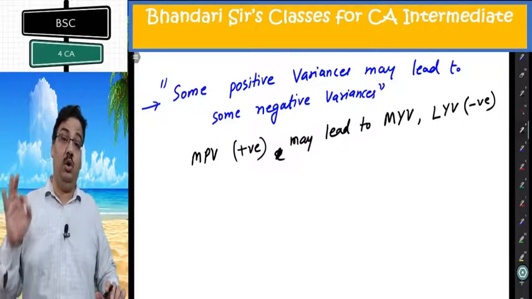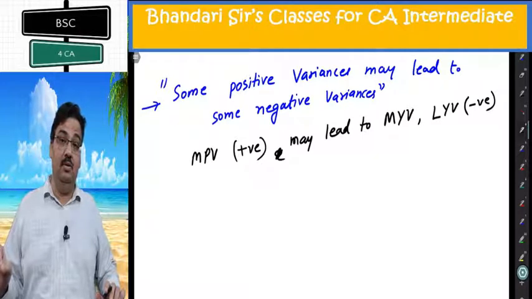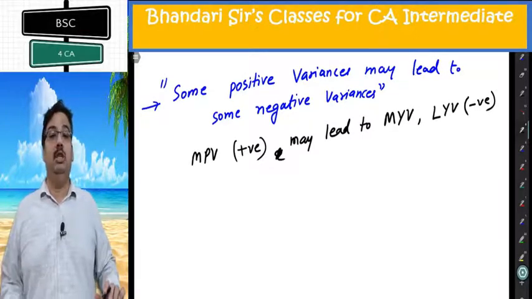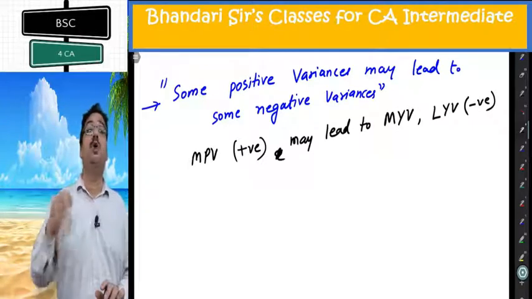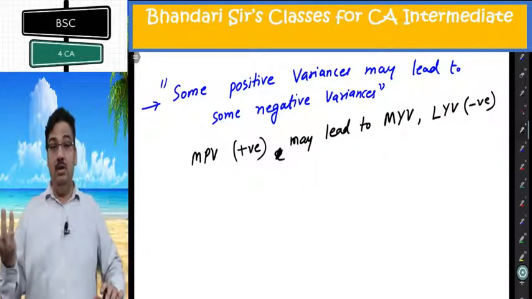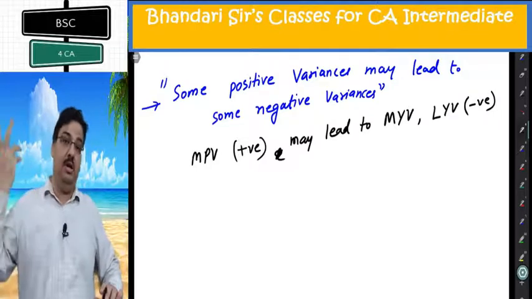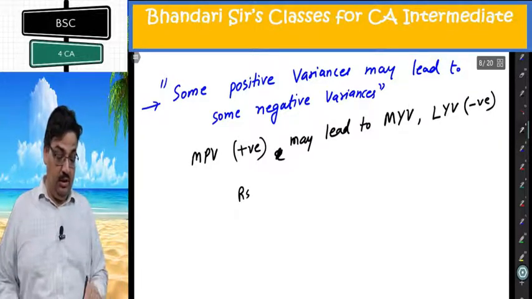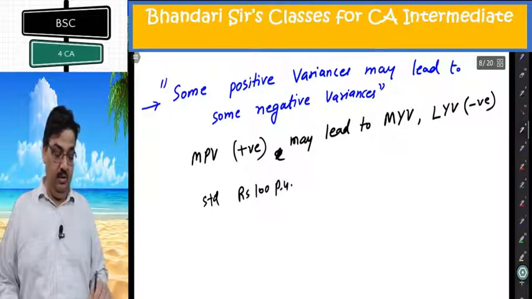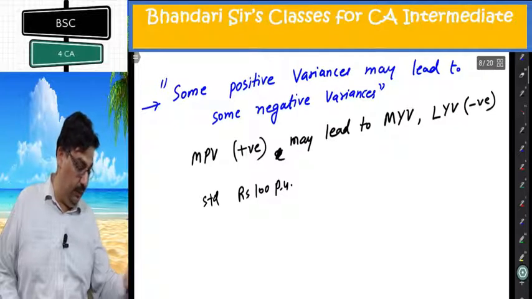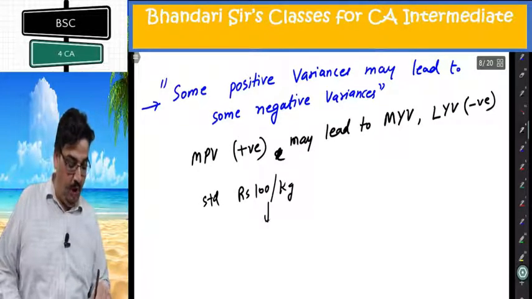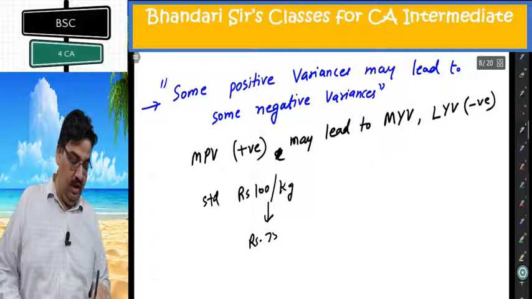Cheap not only in rate but also in quality. Instead of buying a standardized good quality material, he bought Chinese products. So obviously something which was standard 100 rupees per unit, per kg, whatever you call it, he bought for 75 per kg.